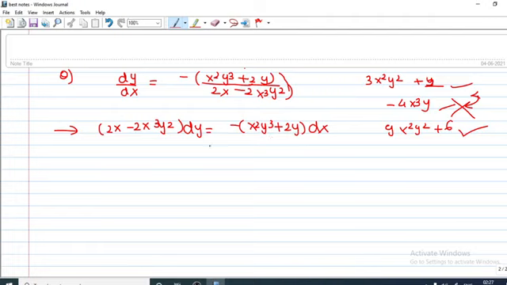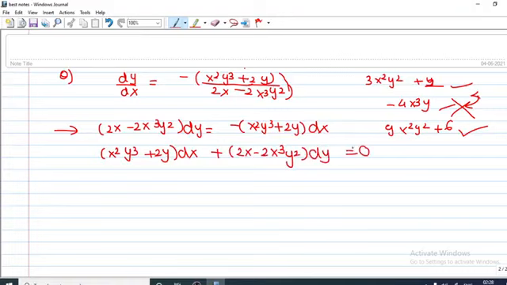After this, we will move it to that side, which will give me x square y cube plus 2y dx plus 2x minus 2x cube y square dy equal to 0. We got this. So this is our required general form, M of x comma y dx plus N of x comma y dy equal to 0.